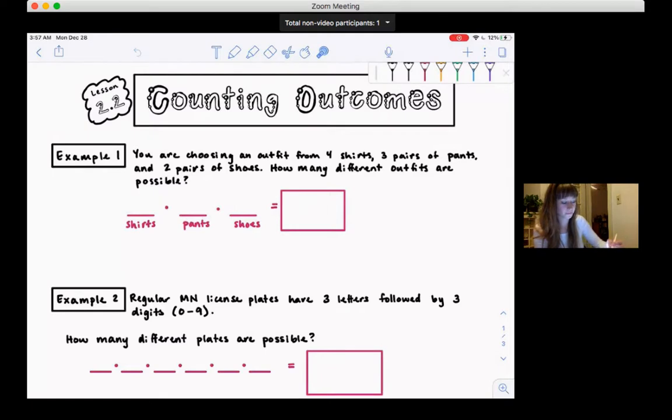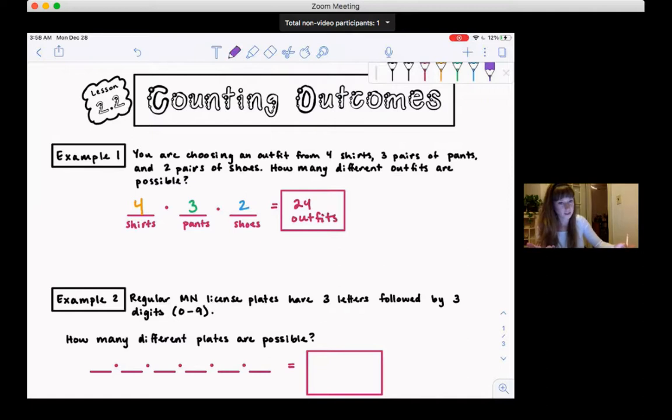So basically, we had 4 shirts, we had 3 pairs of pants, and we had 2 pairs of shoes. So the total is 4 times 3 times 2, which is 24. So 24 outfits.